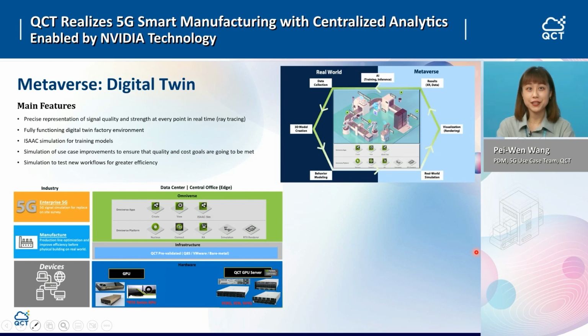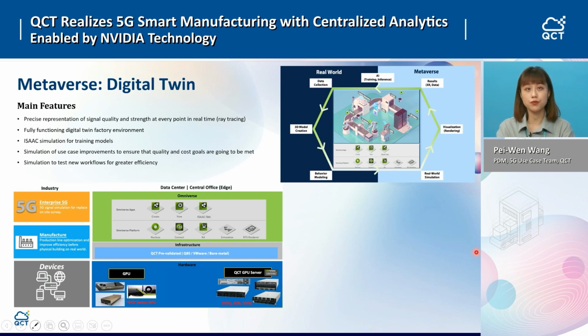Next, we will see the QCT Metaverse solution. This QCT Metaverse platform enables the simulation of network deployments and production lines at a highly detailed scale. Integrating the Omniverse platform with 5G-specific simulators, the interplay between 5G cells and the environment is simulated and visualized for maximum performance and coverage.